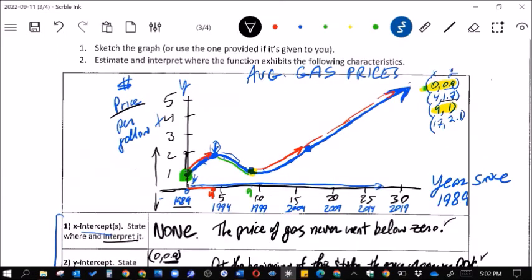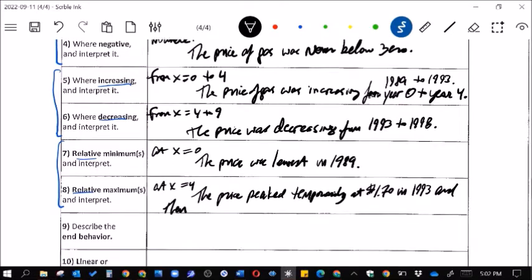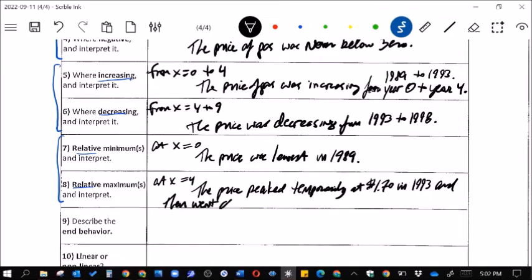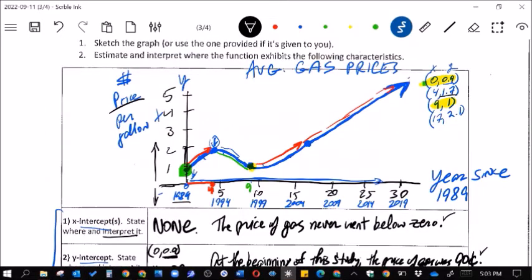Looks like it was $1.70. At $1.70 in 1993, and then went down. The end behavior part, we'll talk about it going up again, but this one's a relative maximum, meaning in an area like this, one particular area.